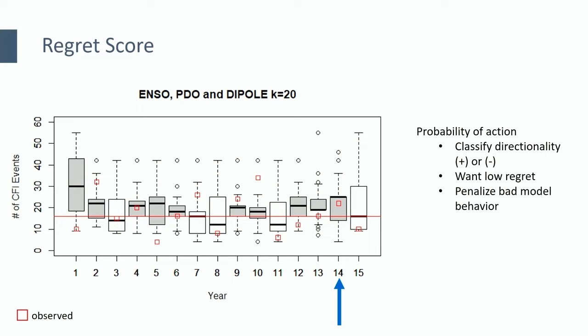When it comes to the regret score, we want to make sure that our forecast, if it predicts there would be a greater number of events, that's actually what happened, and the reverse. So here we would have no regret. But in this case, we're predicting there'd be a greater number of these CFI events when in actuality there were a below number of median CFI events. And we want to avoid the reverse case as well.